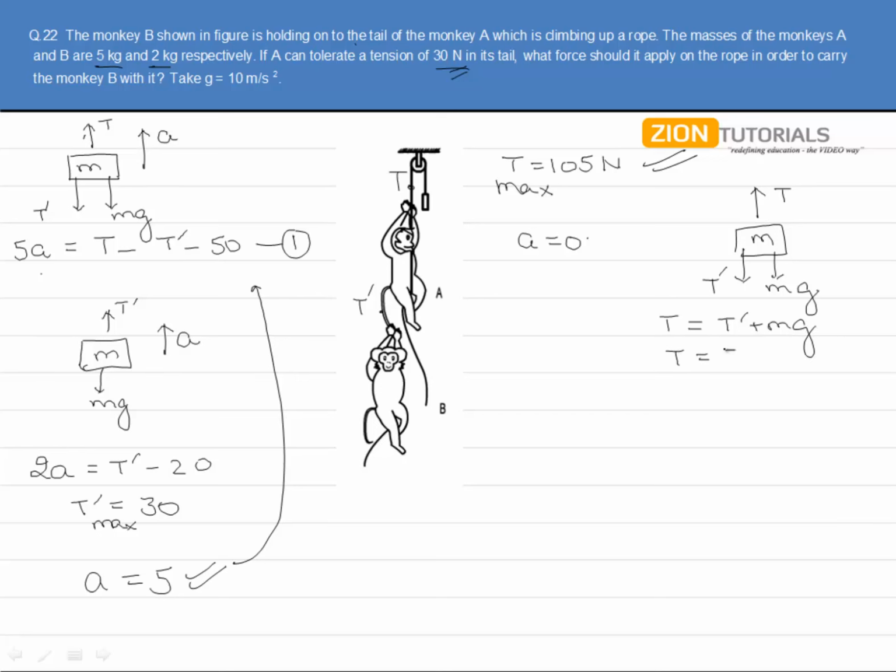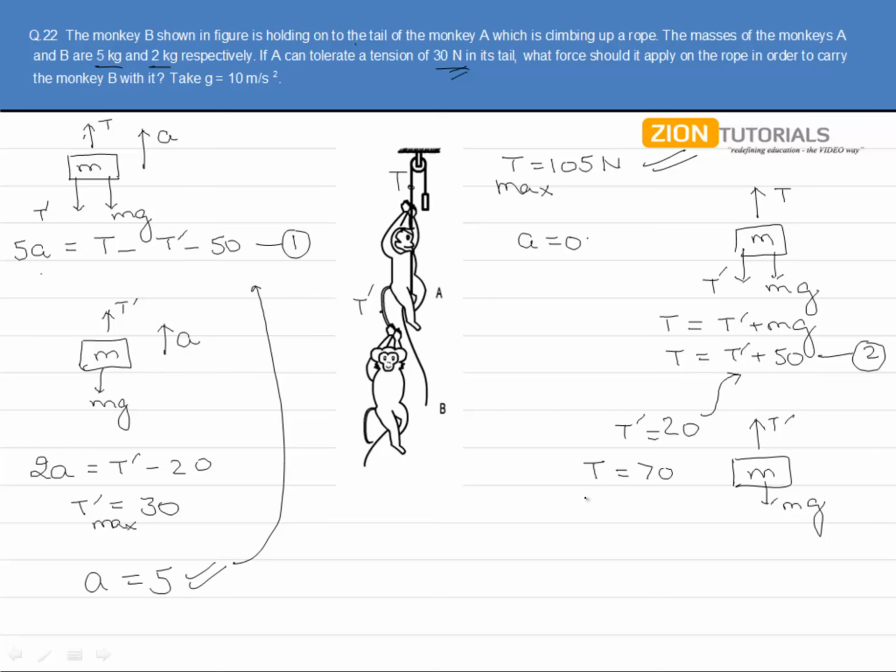That is T equals T dash plus 50, marking it as equation number 2. Let us draw the FBD of monkey B in such a case, where the mass is M, having the upward force of T dash and the downward force of mg with acceleration 0, giving us the relation T dash equals mg. Now putting this value in equation number 2, we get the value of tension to be 70.